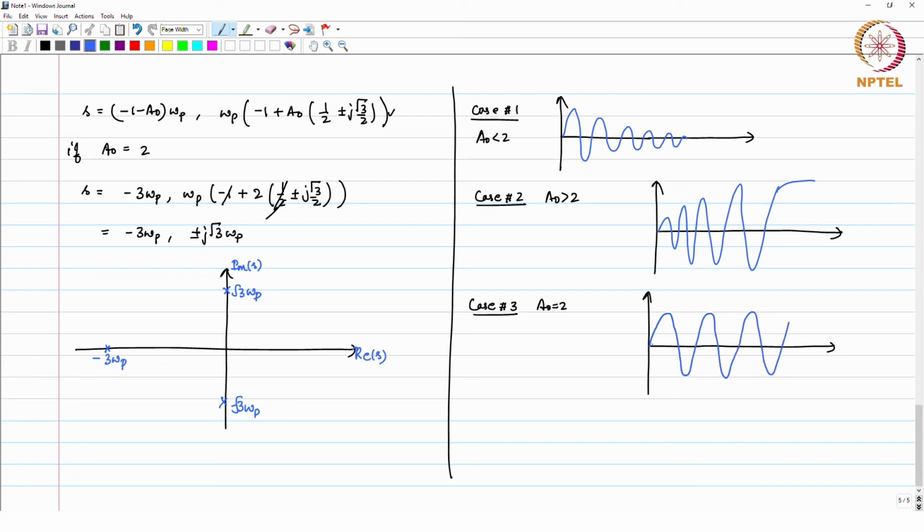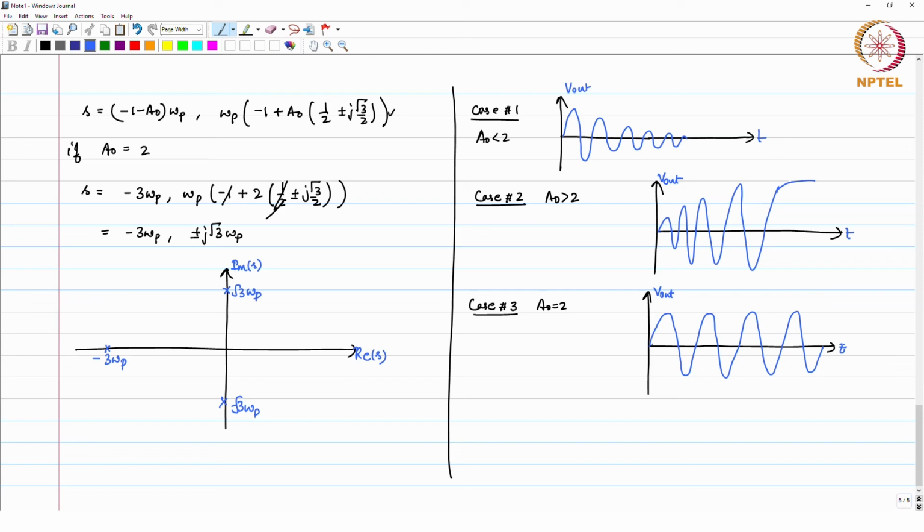Whatever amplitude, we are not talking about that, but the oscillations are going to be sustained. In all these cases, I am plotting V out versus T.